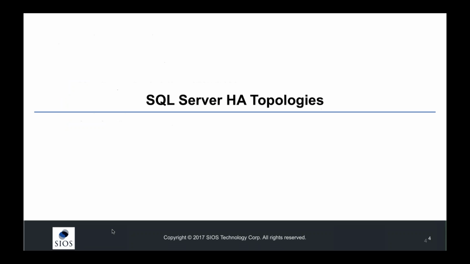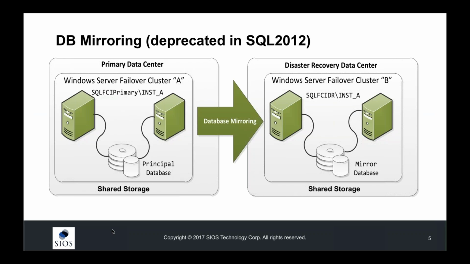Anyway, moving along. So we'll talk about some of the HA topologies traditionally in SQL Server, depending, of course, on version existing and whether or not the infrastructure that you may have supports it. So in the Wayback Machine, prior to SQL 2012, we'd utilize a thing called DB mirroring.